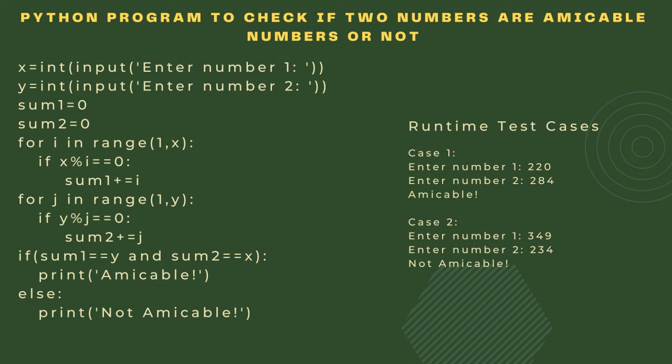Find the sum of the proper divisors of both the numbers. 4. The if statement is used to check if the sum of proper divisors of the number is equal to the other number and vice versa. 5. If it is equal, both the numbers are amicable numbers. 6. The final result is printed.